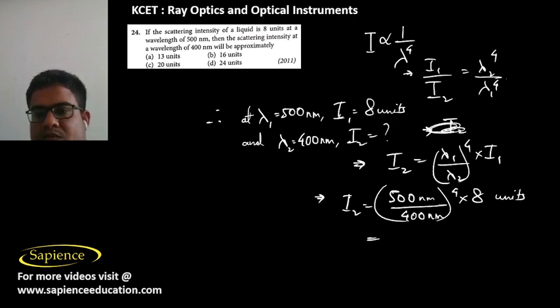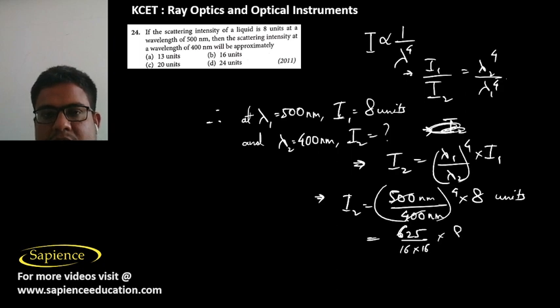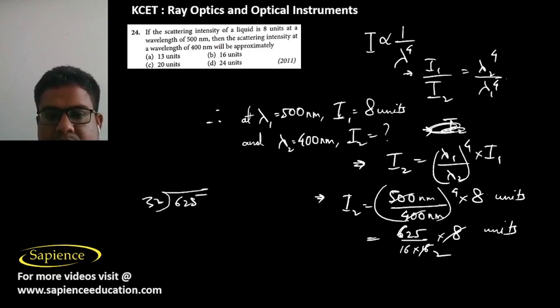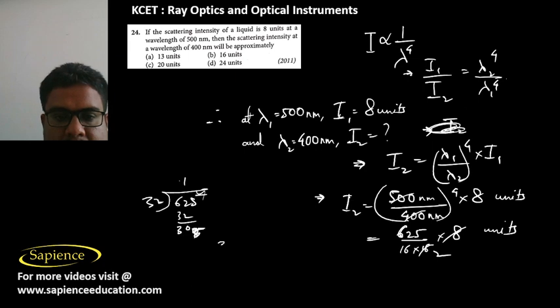So this will be 5 power 4, that is 625, divided by 4 power 4, that is 256, into 8 units. 8 into 256 cancels to 32, so it is 625 divided by 32. 32 into 19 is 608, so it is 19 point something.